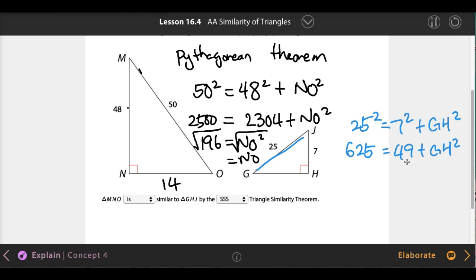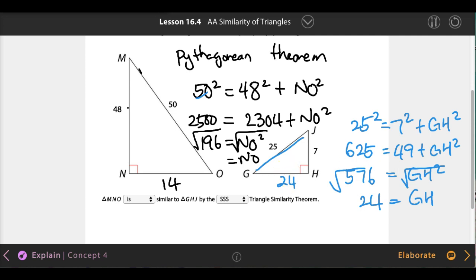And that's 576. Oh no, why is my pen not working? There you go. 576, and that equals GH squared. So if you find the square root of both sides, GH is going to be, let's see, I need a calculator for that, 24. Okay, so then I have the length of this side.